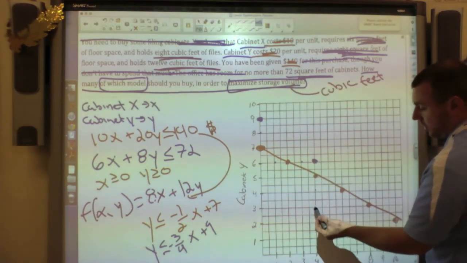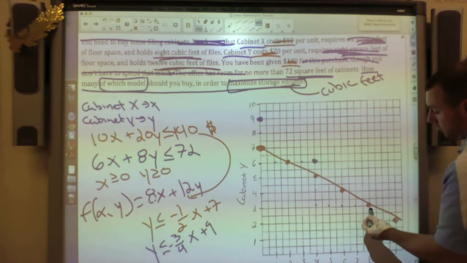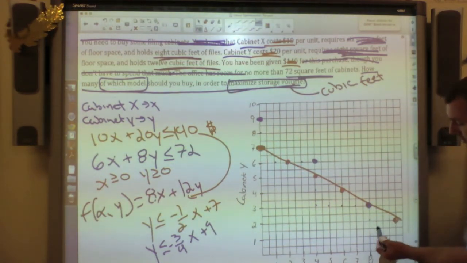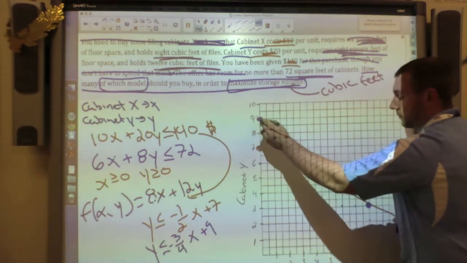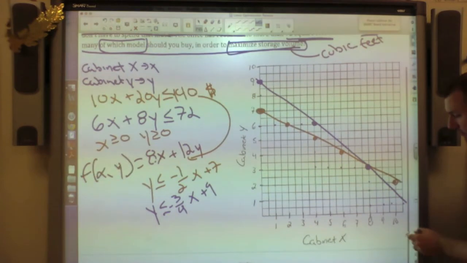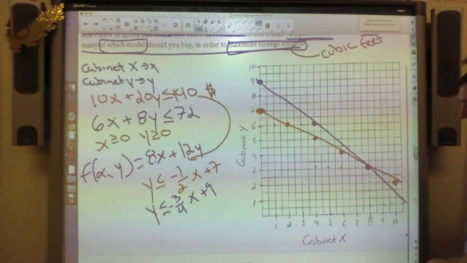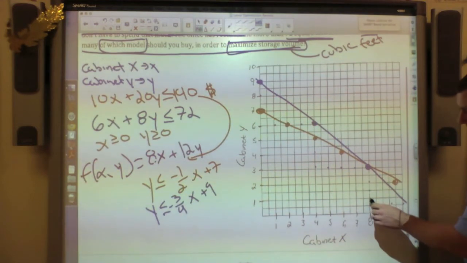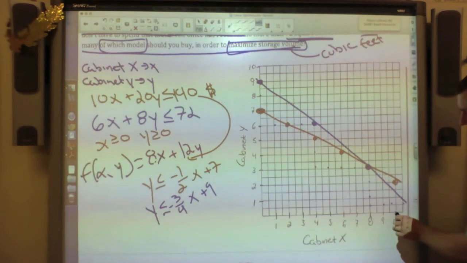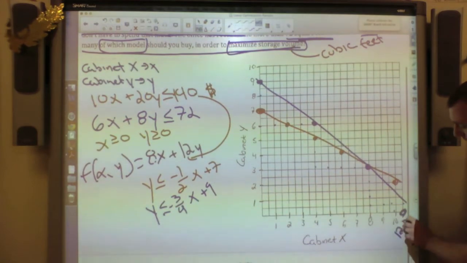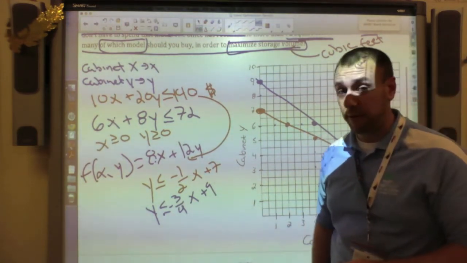Okay, so it's off. And then I'm going to figure out this is all my shaded region. So my final equation is going to be at 12, 0. And it ran off. I apologize for that.